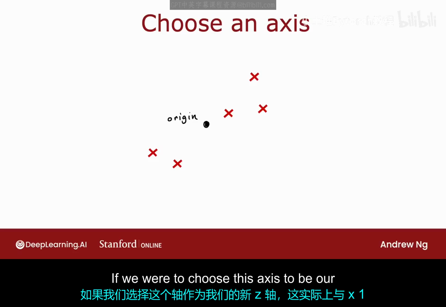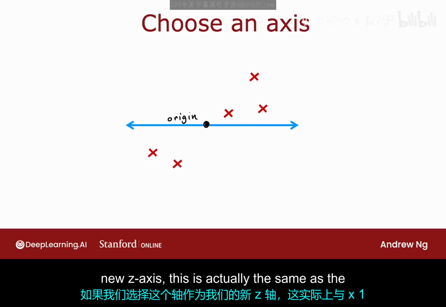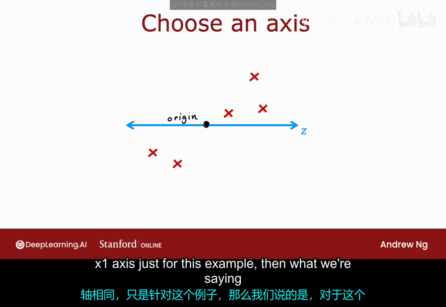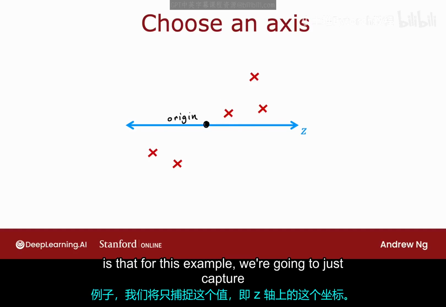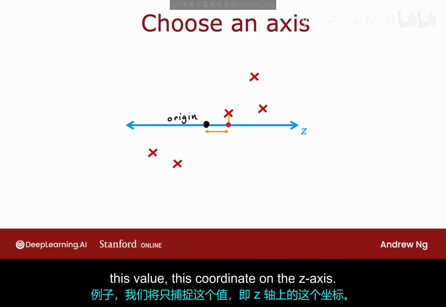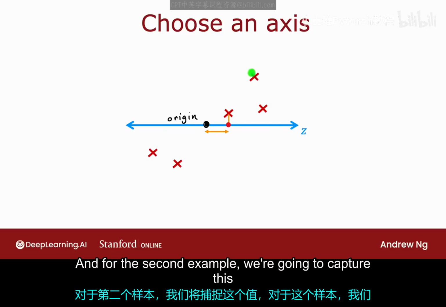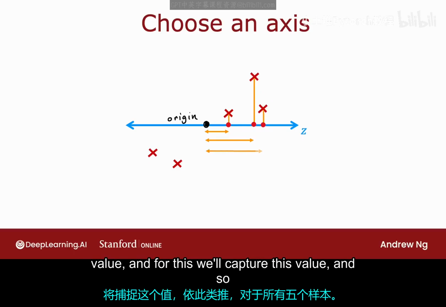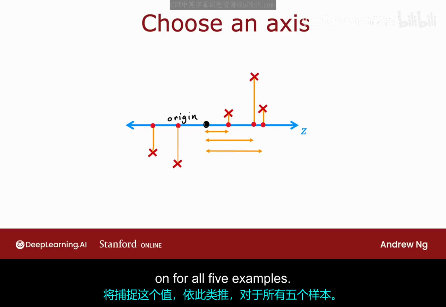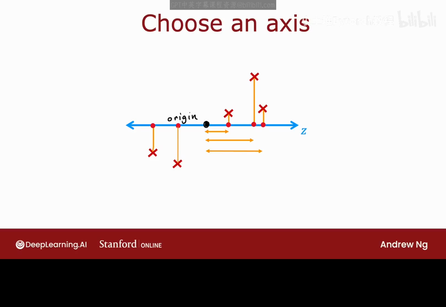If we were to choose this axis to be our new z-axis, this is actually the same as the x1 axis, just for this example, then what we're saying is that for this example, we're going to just capture this value, this coordinate on the z-axis. And for the second example, we're going to capture this value, and for this, we'll capture this value, and so on for all 5 examples.